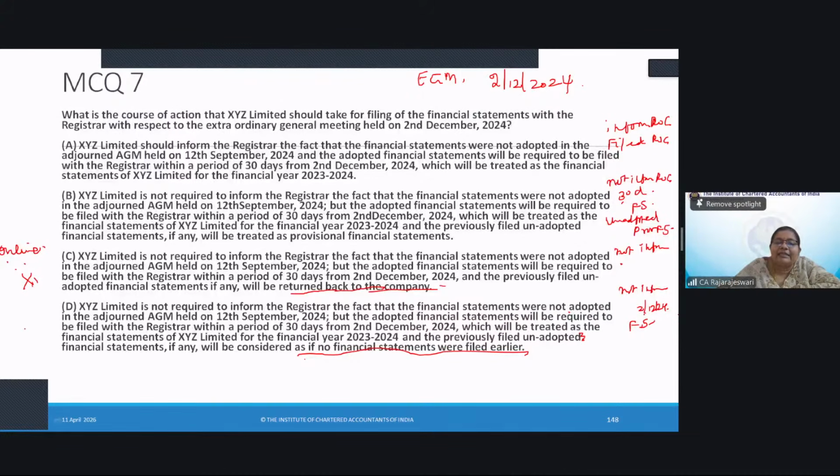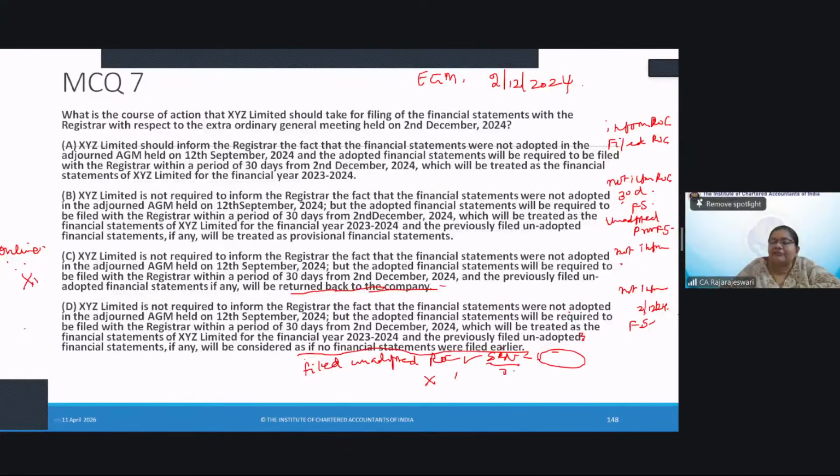As if no financial statements have been filed earlier. See, you have filed the unadopted accounts with the ROC. Once you have done this, your SRN number will be generated. You have filed a form. Now everything has been generated. Then you cannot say that as if no financial statements were filed.